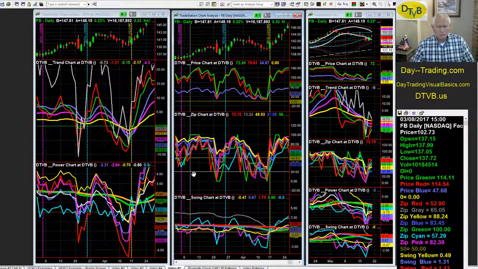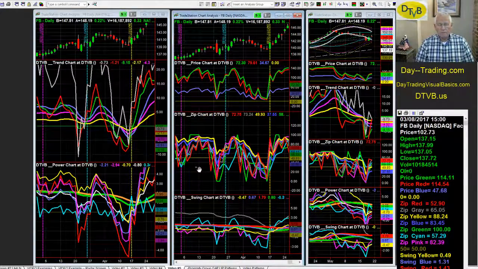I'm sure there's signals where you could reasonably identify what you were doing. One of the big ones is the separation of price red and green with price blue. Price red and green are both at 114 and price blue is at 47. So it's about a 60-point difference between the two, which tells you that separation.